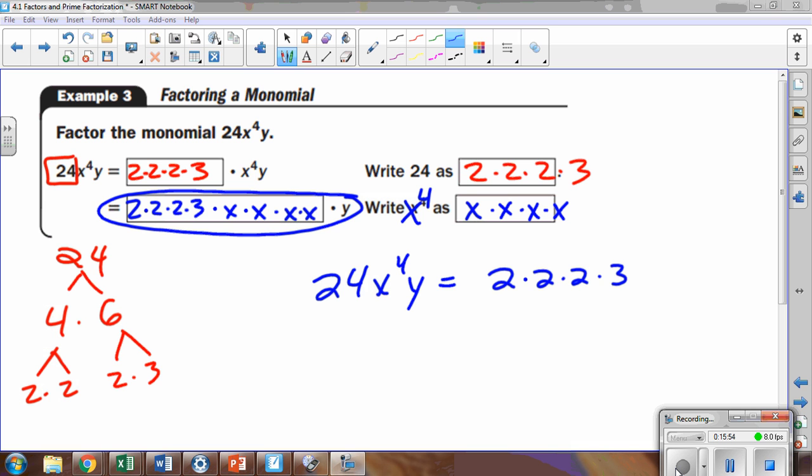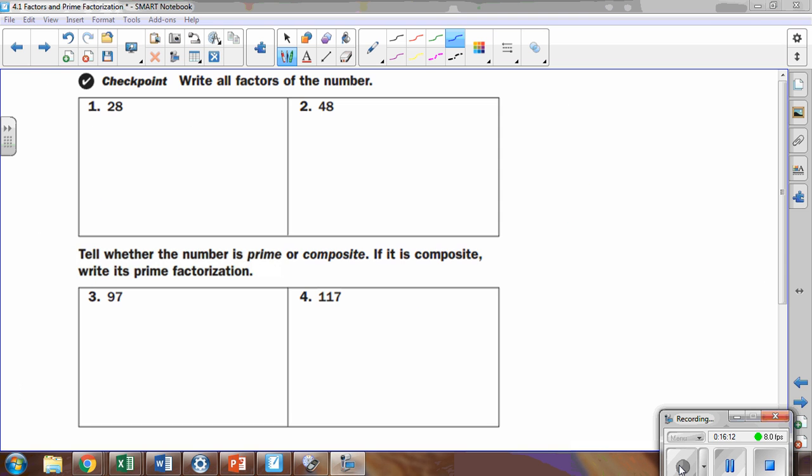Just use the factor tree to get the prime factorization of the number part. Once you've got the number part, split up the variable part. We're done. That's our factorization. Factorization of a monomial.